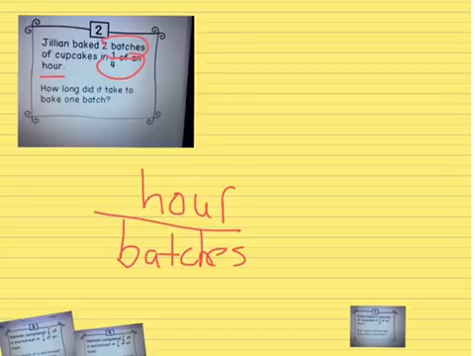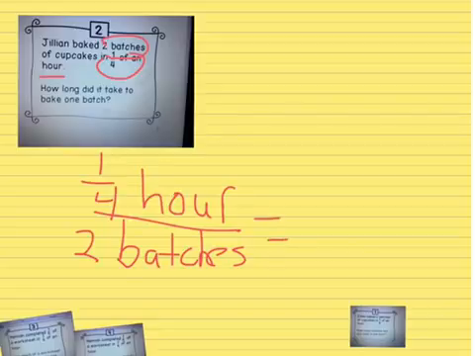I know I have Jillian baked 2 batches of cupcakes in 1/4 of an hour. So I have batches and hours. So now I'm going to fill in what I have from the problem. So again, she baked 2 batches in 1/4 of an hour, but now 1/4 of an hour is on top, 2 batches on the bottom.